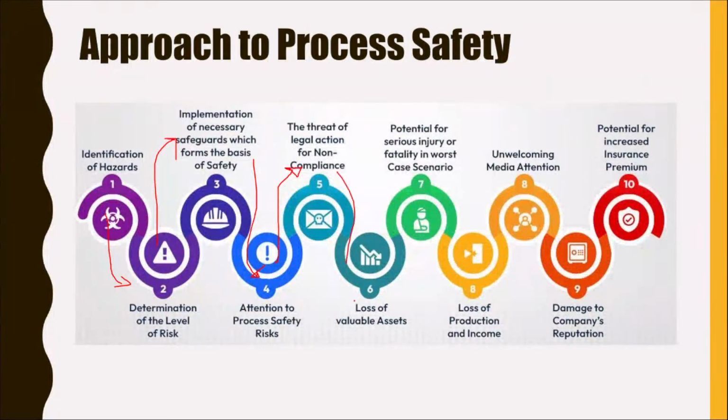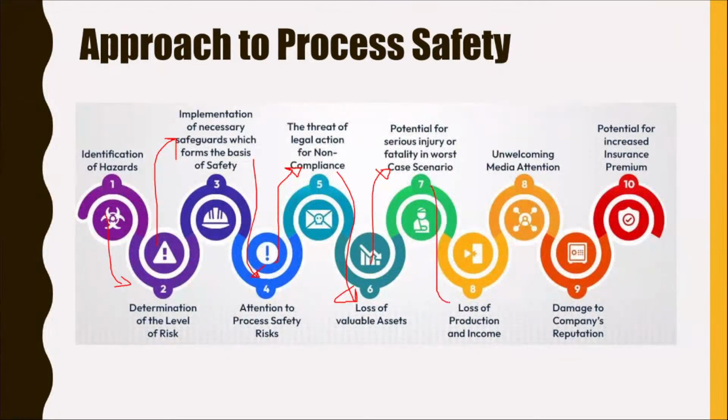If you don't follow safety procedures, there will be loss of valuable assets, both people and machinery and other property. Then there is the potential for serious injury or fatality in the worst-case scenario, for both people and machinery.